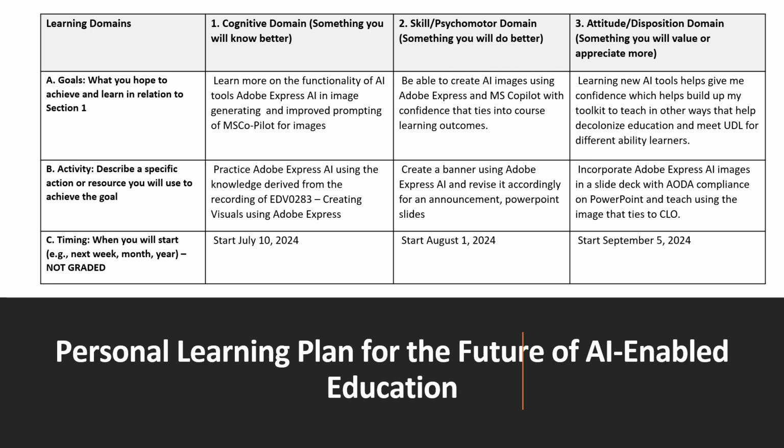And then looking at creating maybe a banner using Adobe Express AI, and being able to continuously prompt it and revise it and use it in announcements and PowerPoint slides, making sure it's all cohesive with the course learning outcome, and visually appealing for the learner as well.